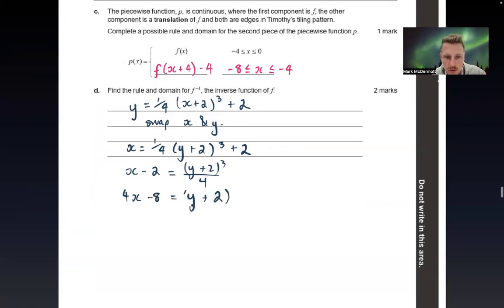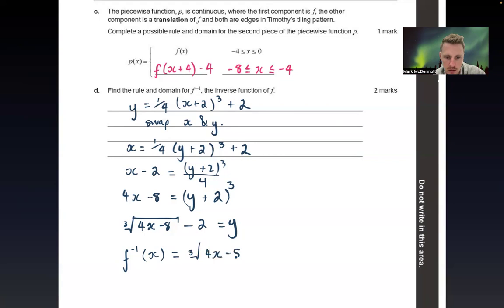I'm doing a lot of steps here. All right, I'm going to do 2 at once here. The cube root of 4x minus 8, minus 2, equals y. Find the rule and domain. So f inverse of x is equal to the cube root of 4x minus 8, minus 2.